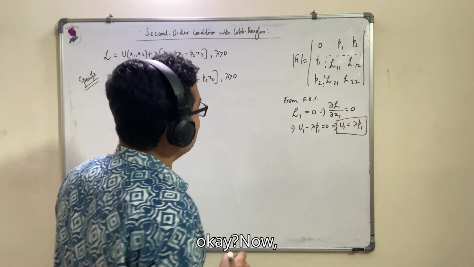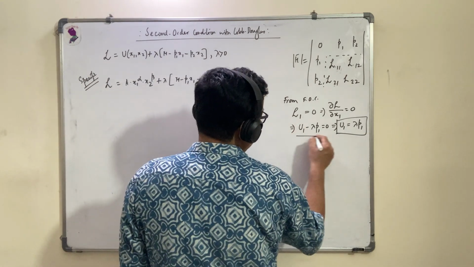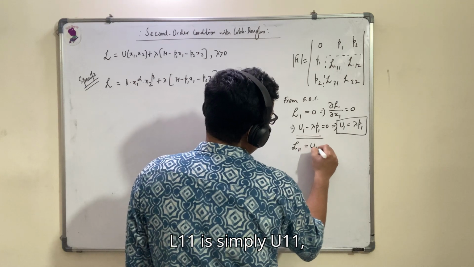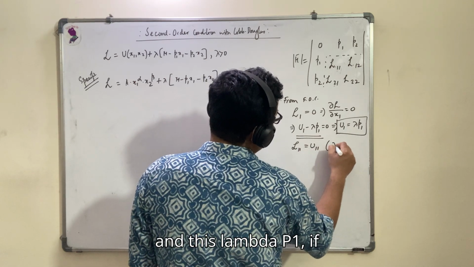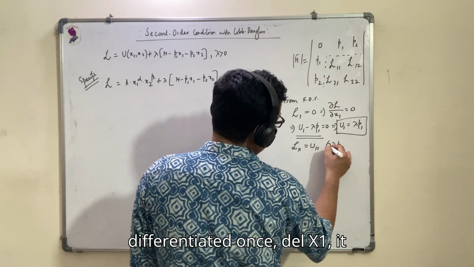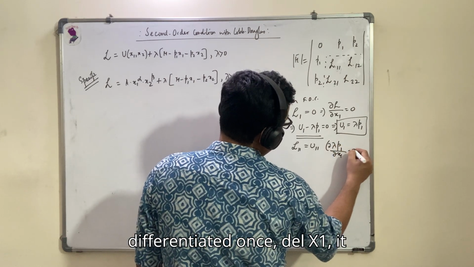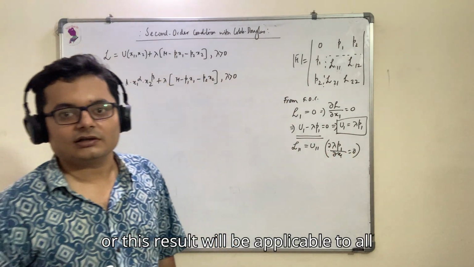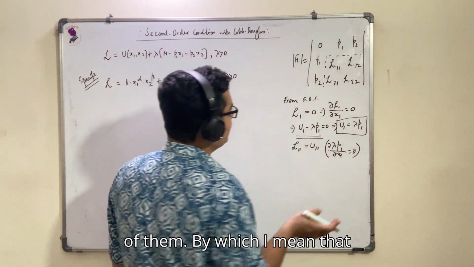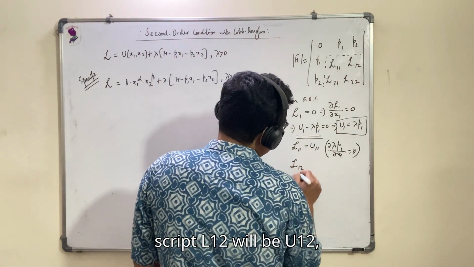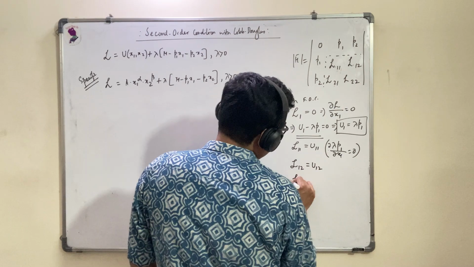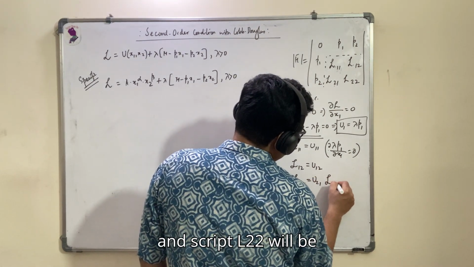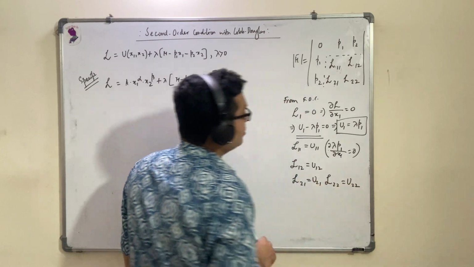If we differentiate this structure, then L11 is simply u11, and lambda p1, differentiated once with respect to x1, will be 0. This result applies to all of them: script L12 will be u12, L21 will be u21, and L22 will be u22.